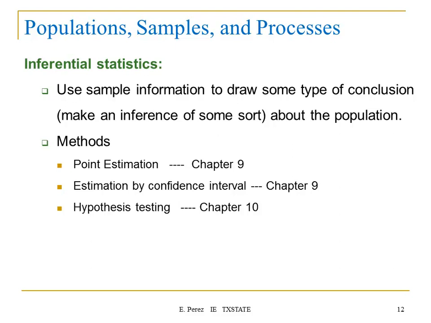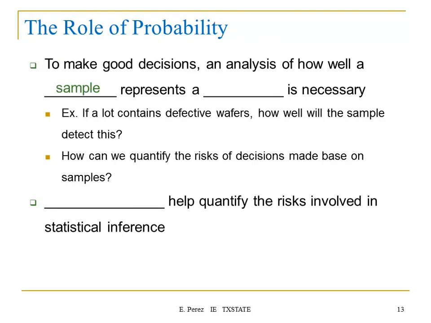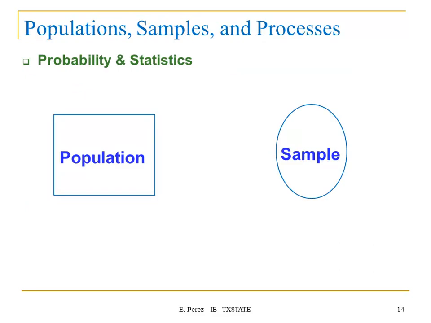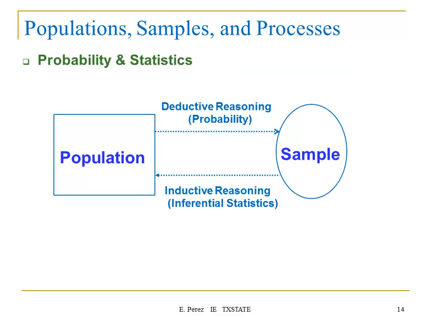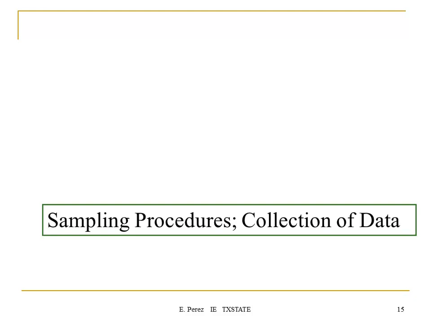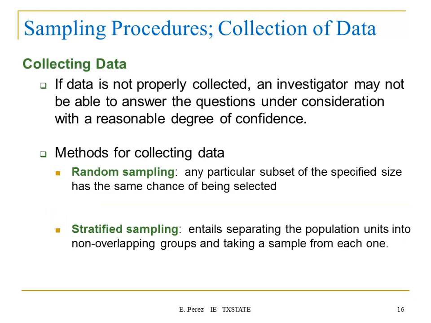So inferential statistics, again, we covered this already, the role of probability, and again, the difference between population and sample. We also talked about sampling procedures and collection of data, and we talked briefly about this. Again, this is something that we're going to go more in depth later in this class.